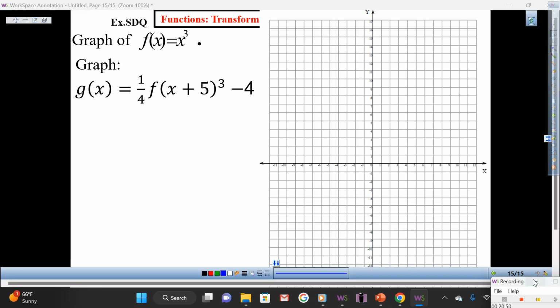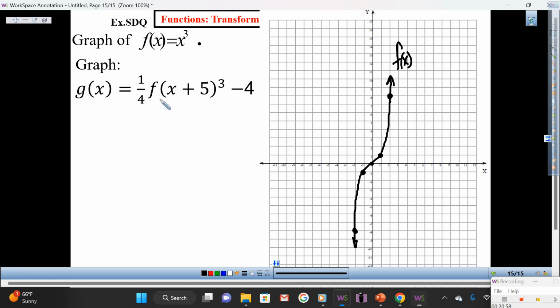All right. Should be done graphing f of x equals x cubed. So it looks something like this. Let's see. -2, -8. -1, -1, 0, 0, 1, 1, 2, 8. And this is f of x.